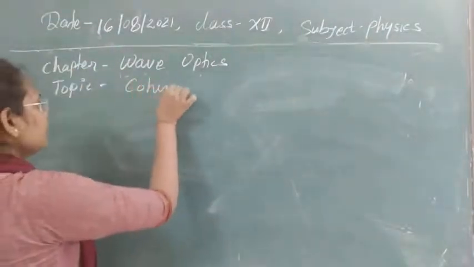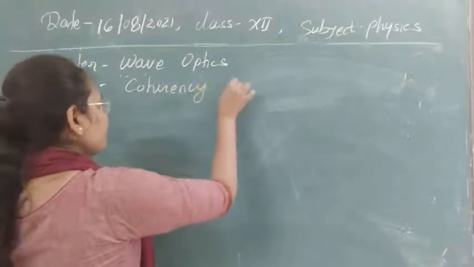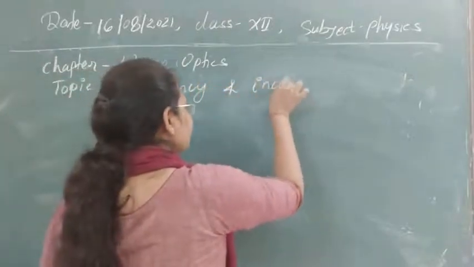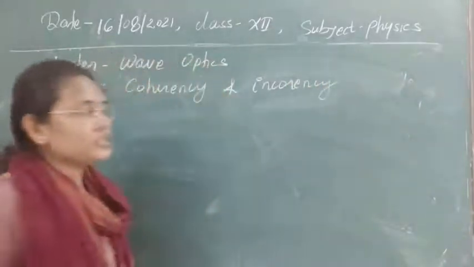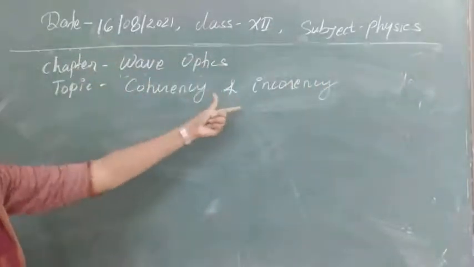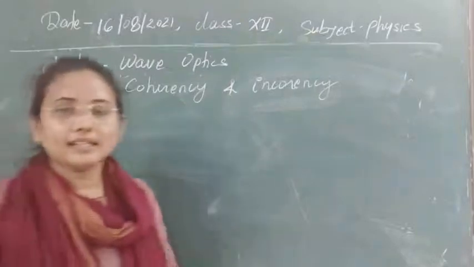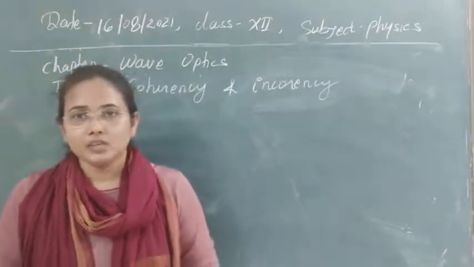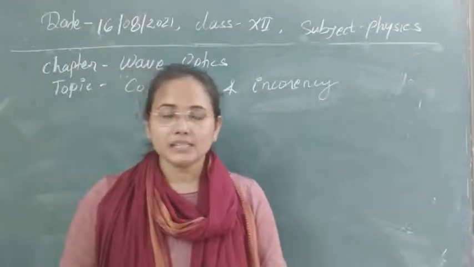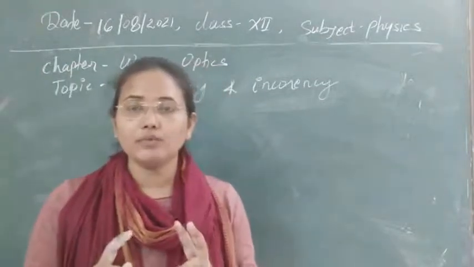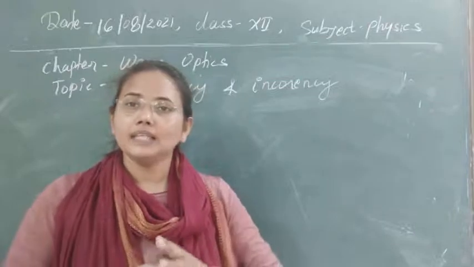So, coherency and incoherency first. What exactly are they? This is related to the phase. Whenever we have two or more waves traveling in space, and those waves are always in the same phase.